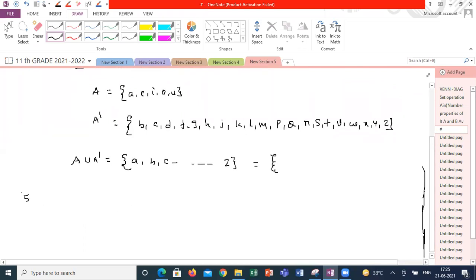The fifth property I can write like this: the union of a set and its complement is the universal set.